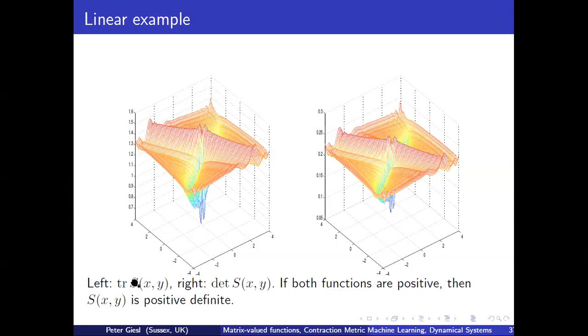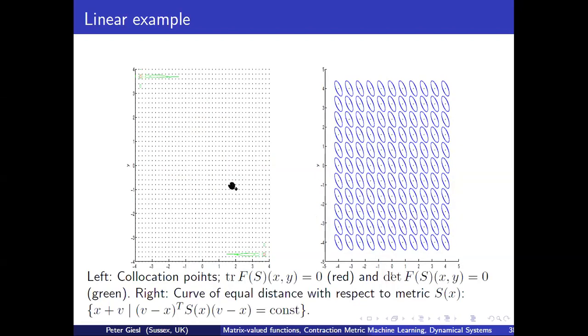Now for s, the approximation itself, we need that s is positive definite. So we look at the trace and the determinant. They both have to be positive. And you can see they are positive in the whole area that we look at here. So here is another figure showing these results. You can here see the collocation points as dots.